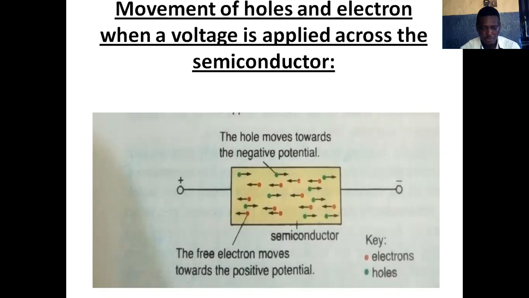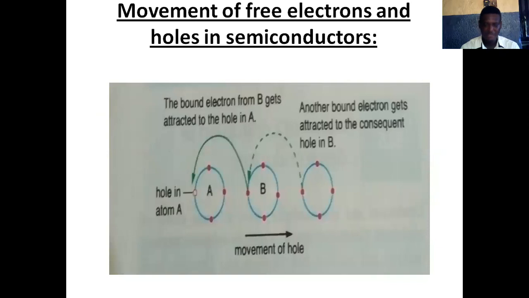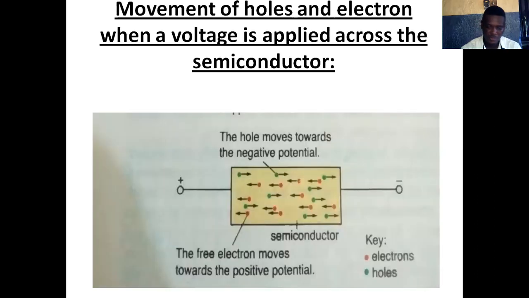But what of a situation where an external source of voltage is applied? In that initial case, an external source of voltage may not be needed for this to happen. It's just the temperature that is needed for the creation of holes and filling of the holes to occur. But this particular diagram is explaining what happens if that semiconductor is now connected to an external source of EMF.